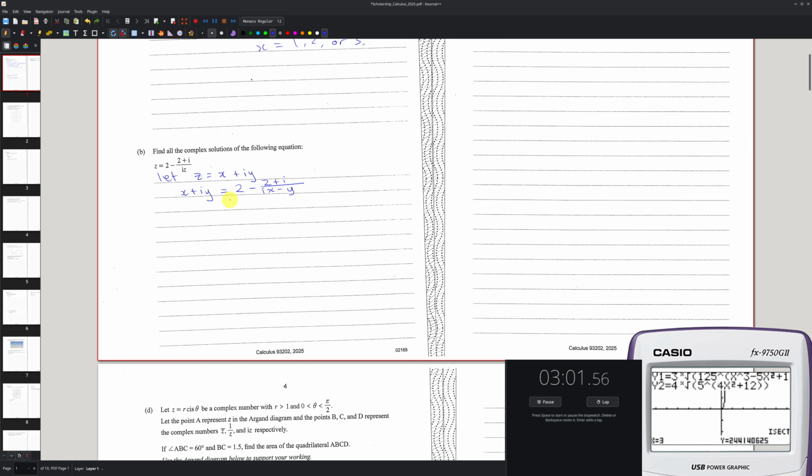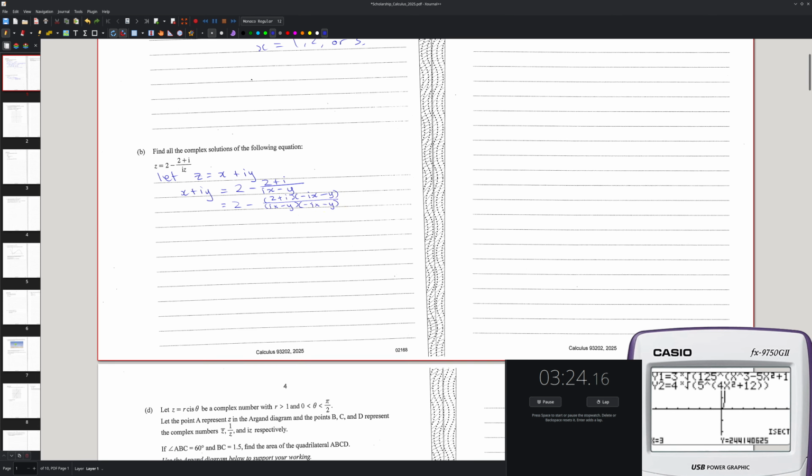And then we rationalize, or normalize the denominator, and then you get 2 minus (2 plus i) times (minus ix minus y) over (ix minus y) times (minus ix minus y).